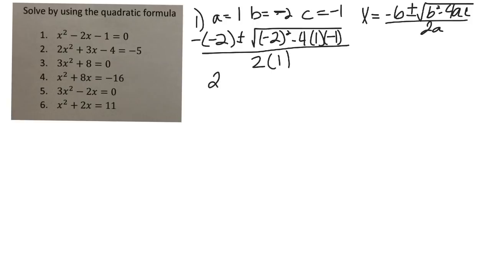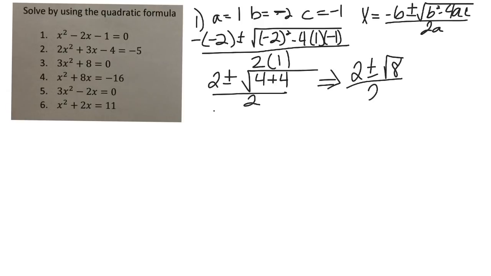So that's 2 plus or minus the square root of -2 squared is 4. -4 times -1 is plus 4, divided by 2. So I have 2 plus or minus square root of 8 over 2.